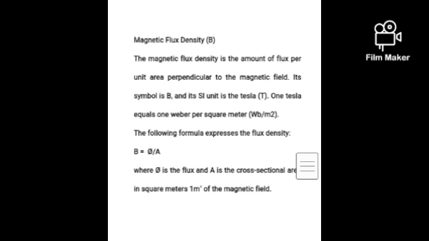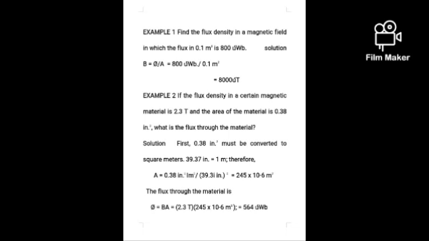So we just divide, and your final answer is 8,000 microtesla, or weber per square meter. So that's the unit for magnetic flux density.